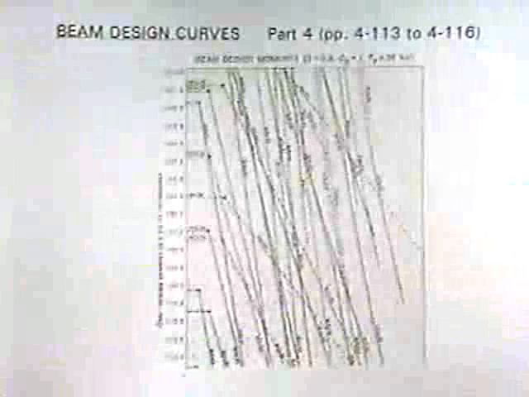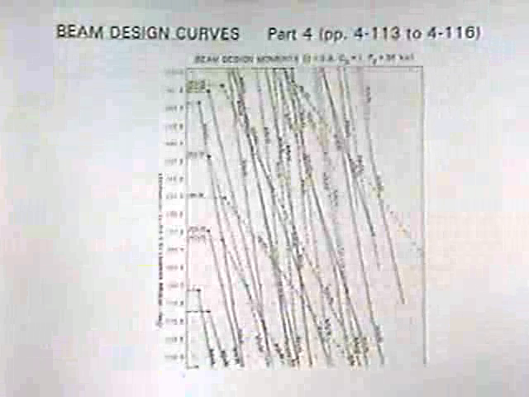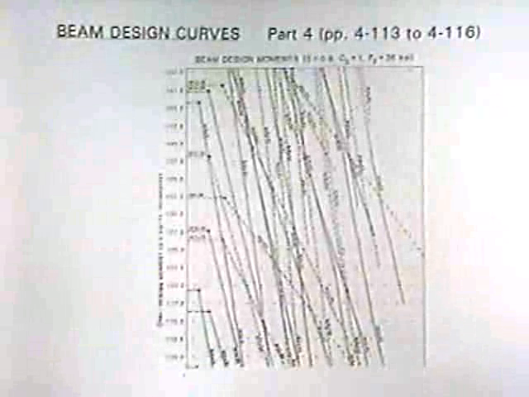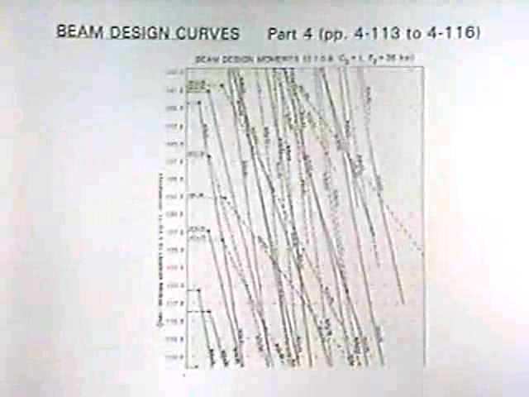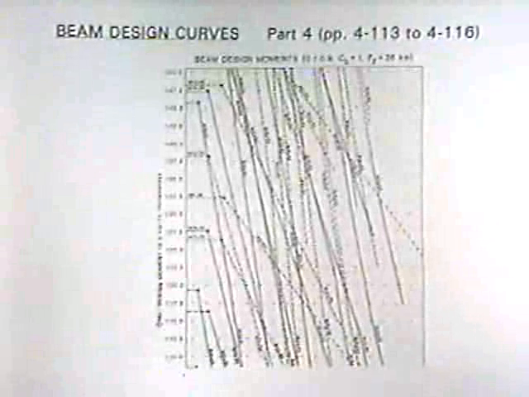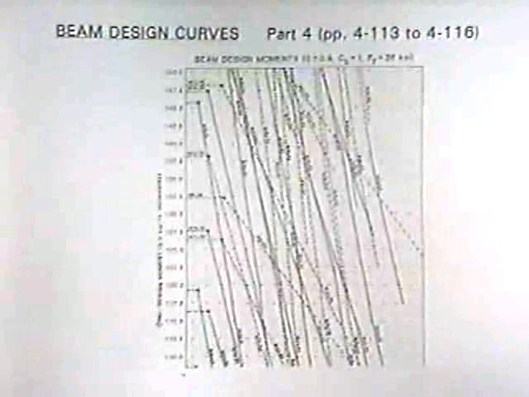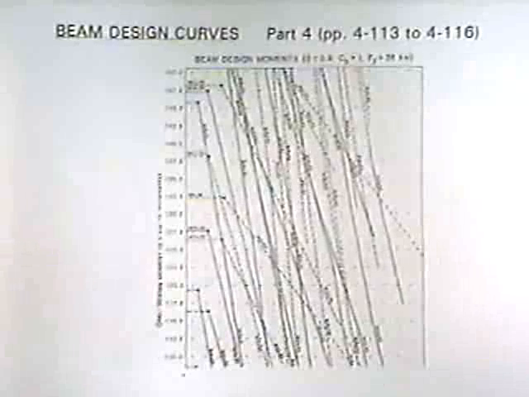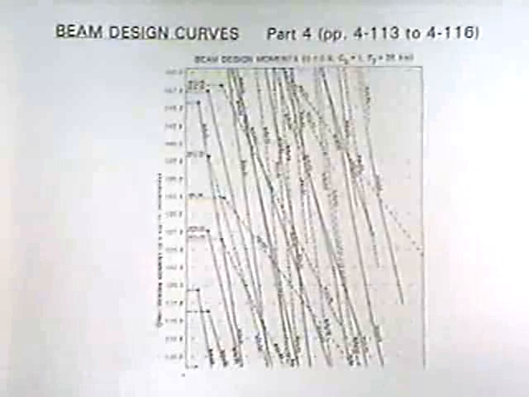In the design manual, they have these beam charts, and what these actually are is the plotted design equations for all the beam sections. You look at this and you say, what is going on? But if you look a little deeper into this, you'll find that it makes some sense.